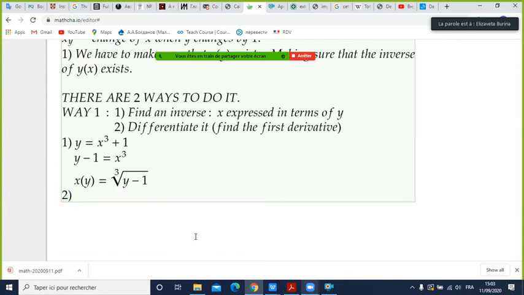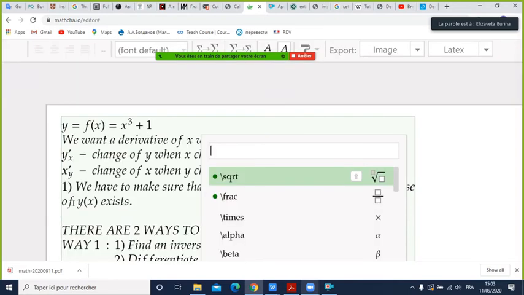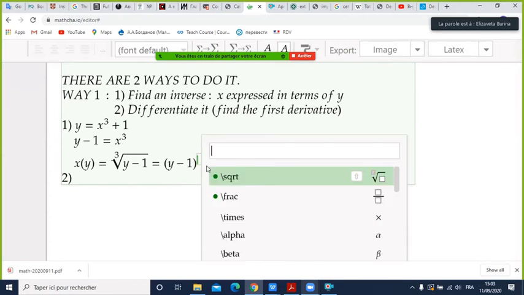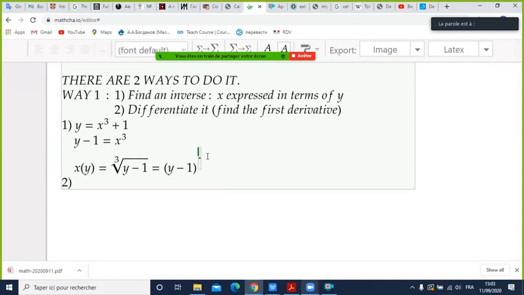Let's take the derivative of this with respect to y, because now we have all means to do it. And in order to make it even simpler for us, I can rewrite it like this, as (y minus 1) to the power of 1/3. Perfect.